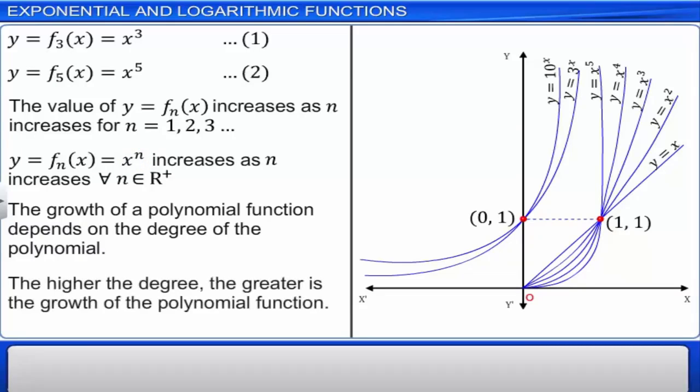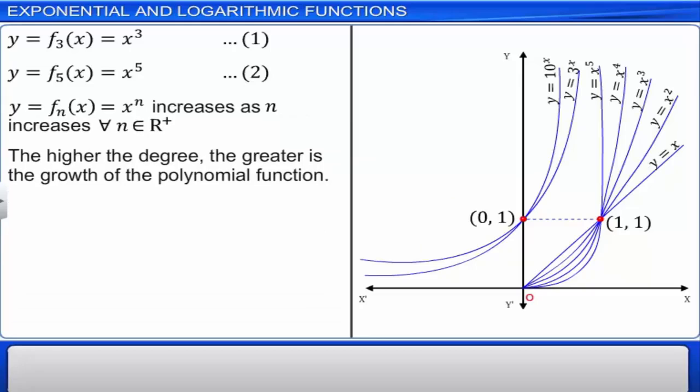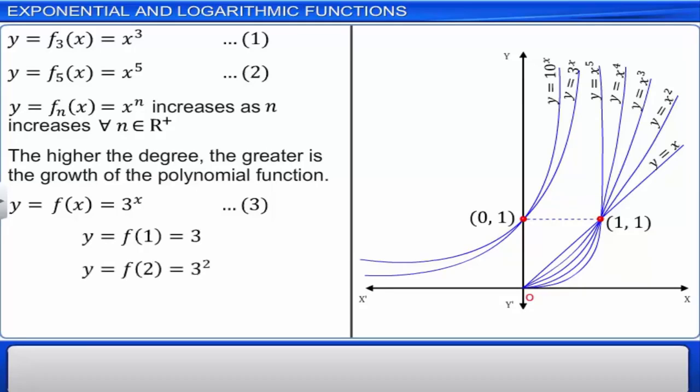Now, look at another function y = f(x) = 3ˣ. Here too, an increase in the value of x from 1 to 2 implies an increase in the value of f(x) from 3 to 3².